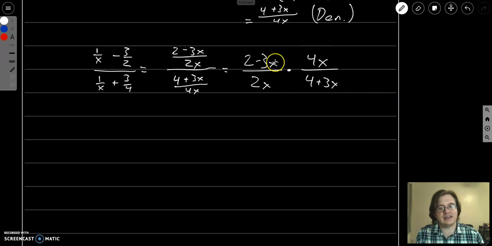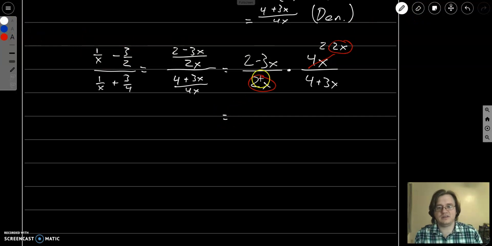The nice thing is that these are almost factored completely. The one thing to notice is that the 4x, I can write as 2 times 2x. The reason I would do that is because now I've got a 2x and a 2x, which I can cancel.